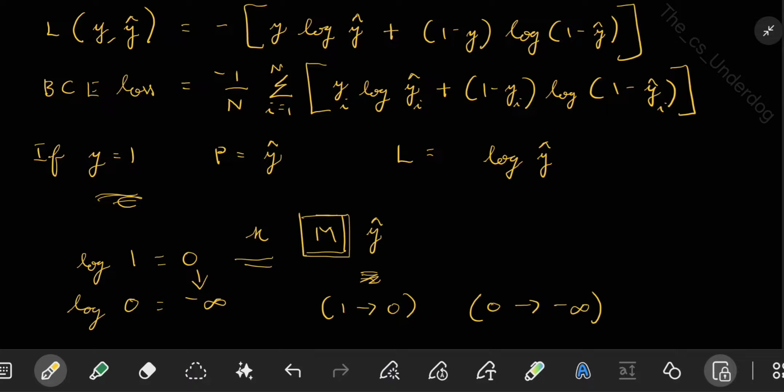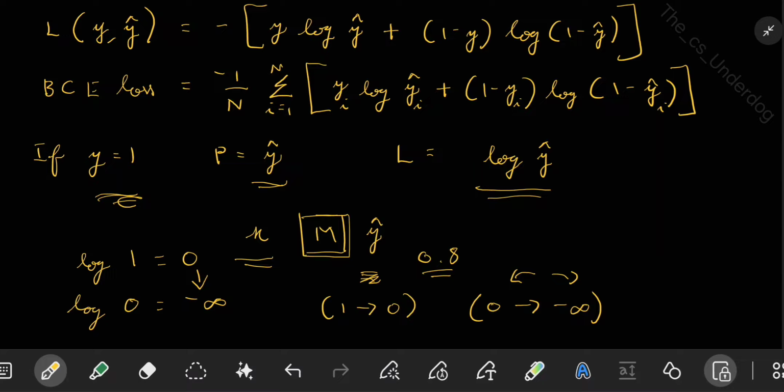So now think back. When y cap moves from 1 to 0, if I consider log y cap as the loss, will it be right? Is that logically right? This is what I want you to think. If I have some particular value, let us say 0.8 as my y cap, then my log y cap will be something between 0 and minus infinity, but closer to 0 than to minus infinity.